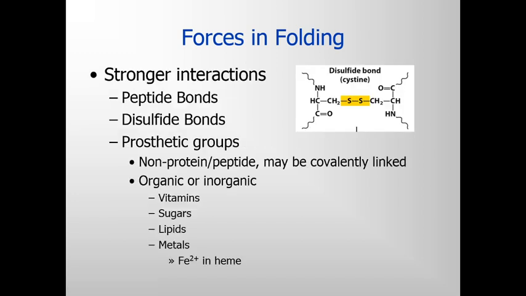Now, if you were to look at forces in folding, stronger interactions, which are the covalent bonds, include peptide bonds. Peptide bonds are the bonds between two amino acids. The CONH bond is a peptide bond. Disulfide bonds, shown here is a disulfide bond, right?